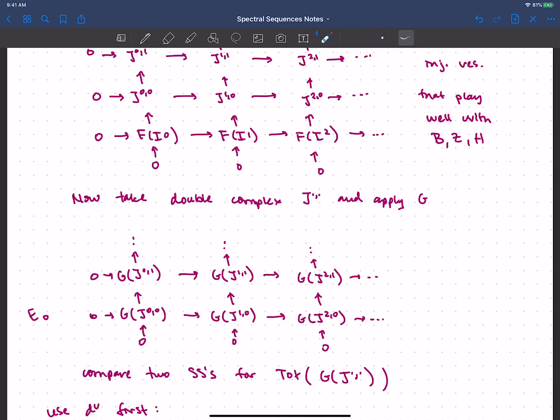So I can actually think about doing that for this first line. I take F, apply it to my injective resolution, I take homology, and then if I take the homology of that stuff and apply G to injective resolutions for all of that, I'm going to have the homologies here. So the point is that all plays very well, before I apply G.